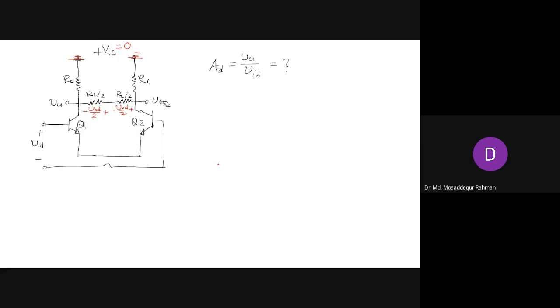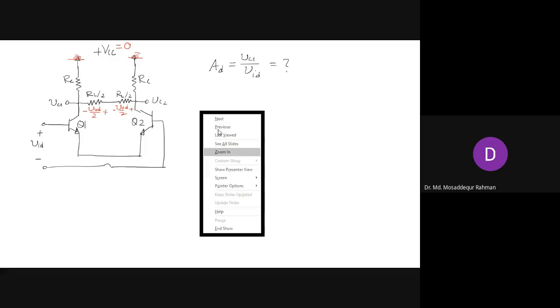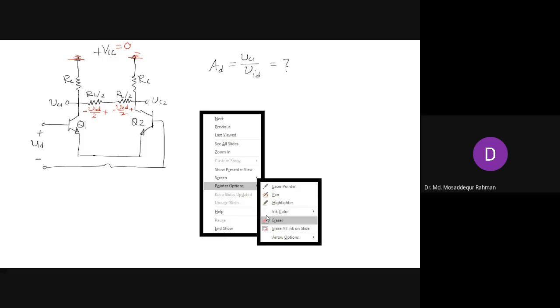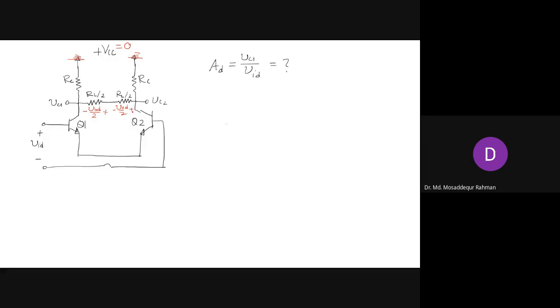Now if you take this as a reference point, the common point, like we did before to draw the differential half circuit, then with respect to this point, the voltage here is lower by half of VOD, and the voltage here is higher than this point by half of VOD, right?